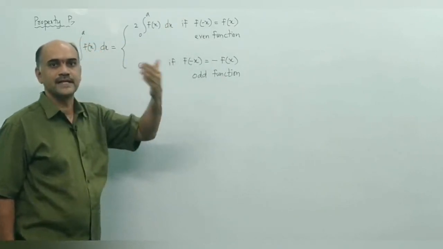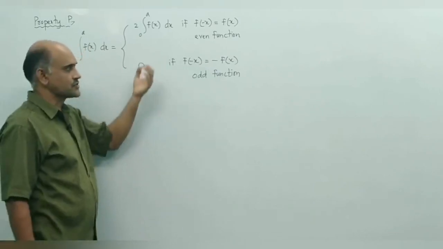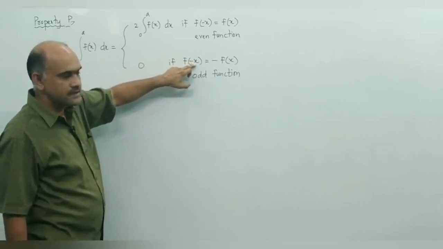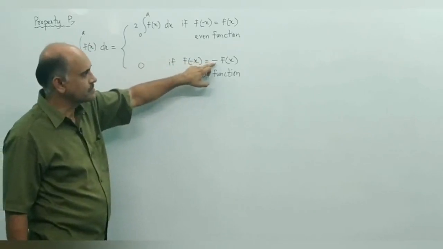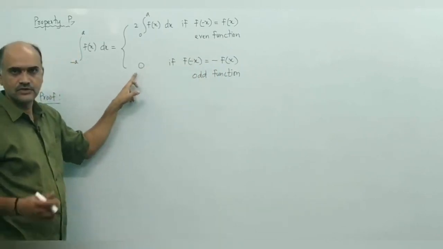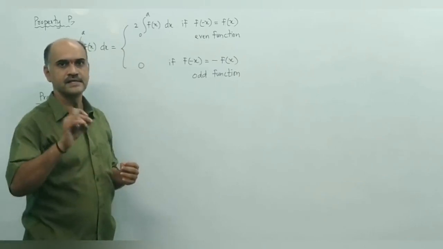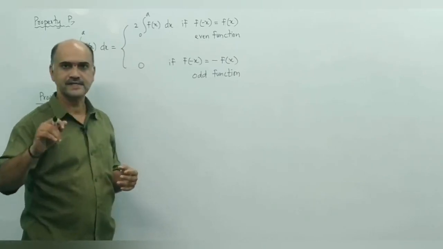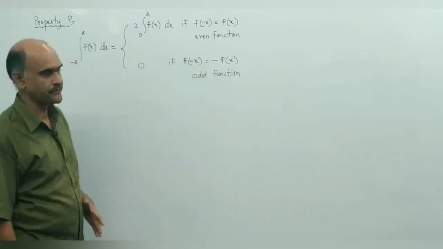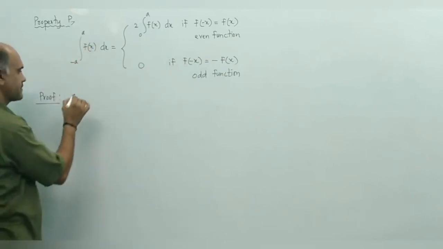For example, x square, cos x, sin square x, such functions we call even. If you substitute x as negative and it becomes minus f of x, then it is called an odd function, and the answer is 0. For example, sin x: if you substitute minus x, it becomes minus sin x. Sin of minus x is minus sin x. Such functions are called odd functions. Now again, if I take this by the third property, that is by P2.